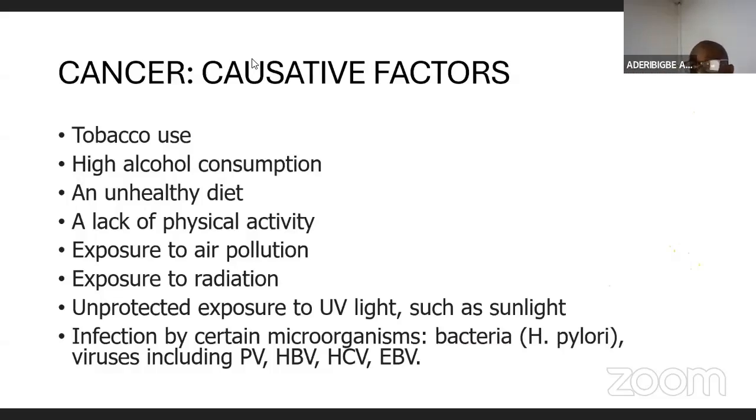So unhealthy diets also, like low fiber diets, for instance. Let me give an example for colon cancer now. A low fiber diet predisposes to it because when you eat all these processed foods, there's no fiber there, so there's nothing for your colon to grip and push on. So they tend to stay long in the colon.